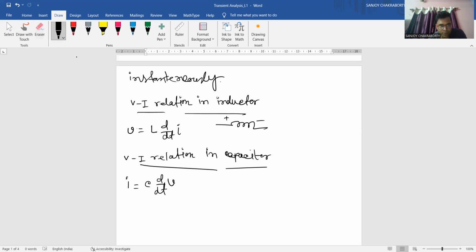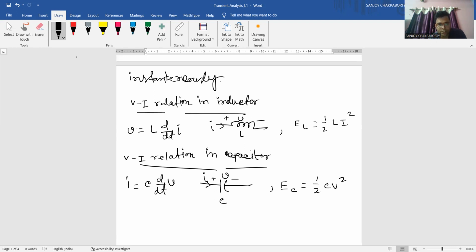This is the voltage, this is the current, this is L. Similarly in case of capacitor, this is I, this is V, this is C. And energy in inductor is half L I square. Similarly, in capacitor, energy is half C V square.